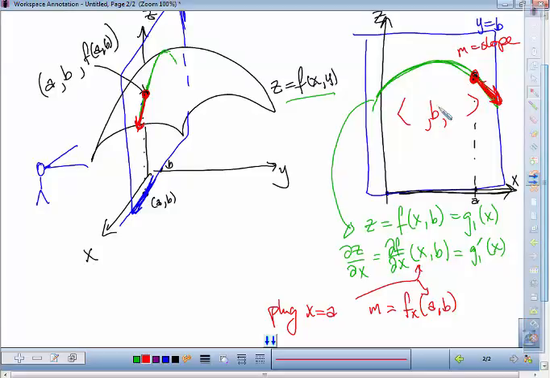I put b there, that's wrong. If it's not moving in the y direction, what should it be? It should be 0. No movement in the y direction.